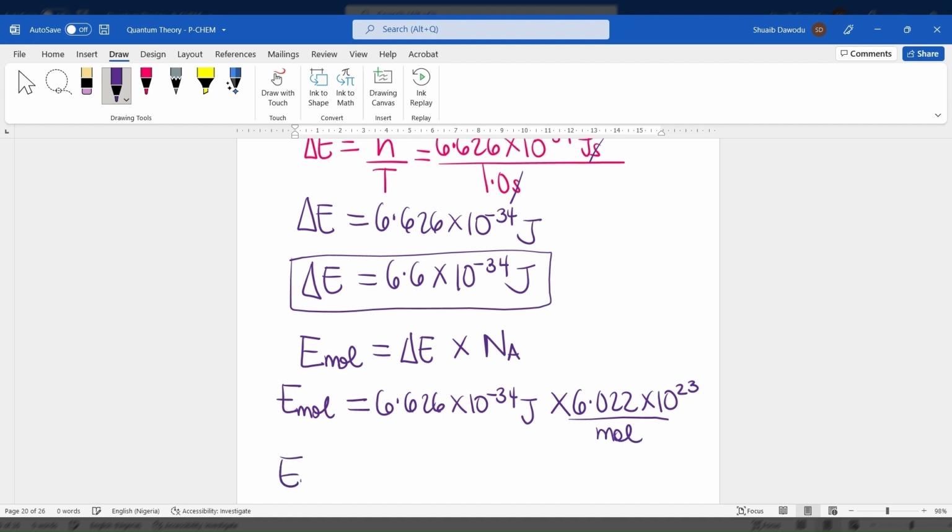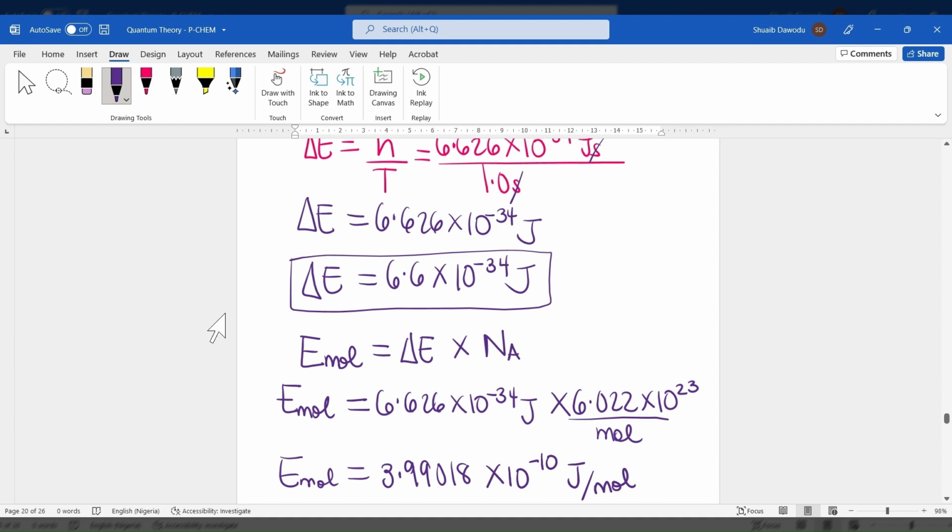So E mole is just going to equal 6.626 times 10 to the power of negative 34 times 6.022 times 10 to the power of 23. When we input that information in our calculator, we end up getting 3.99018 times 10 raised to the power of negative 10 joule per mole.